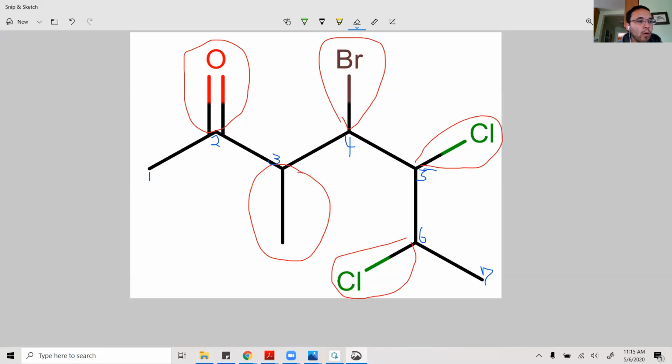So from here, between our bromo, our chloros, and our methyl, who's going to go first for the naming? How do we decide which one of those gets listed first in the naming process? Alphabetically. Alphabetically, right? So when we come down to naming, we're going to do it alphabetically once we have all these substituents.